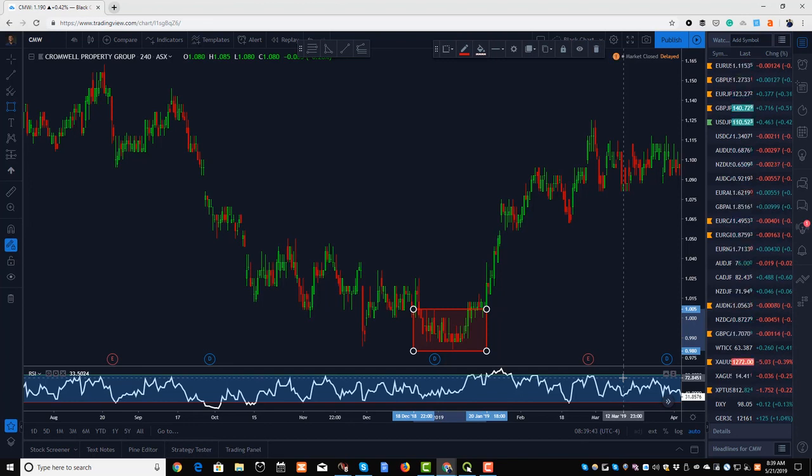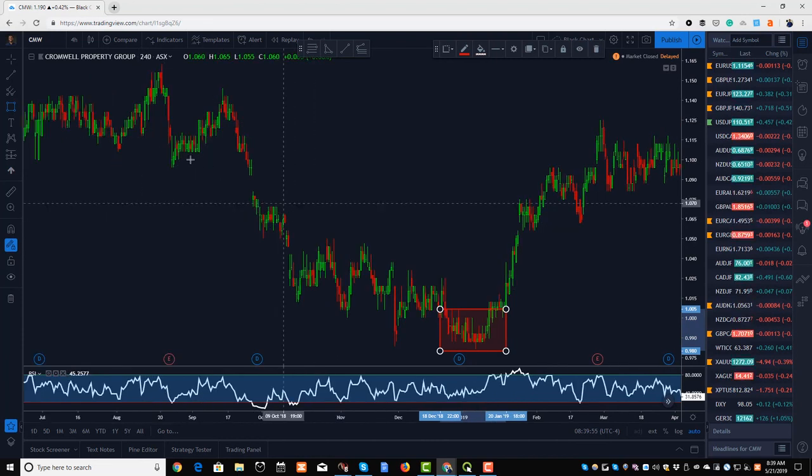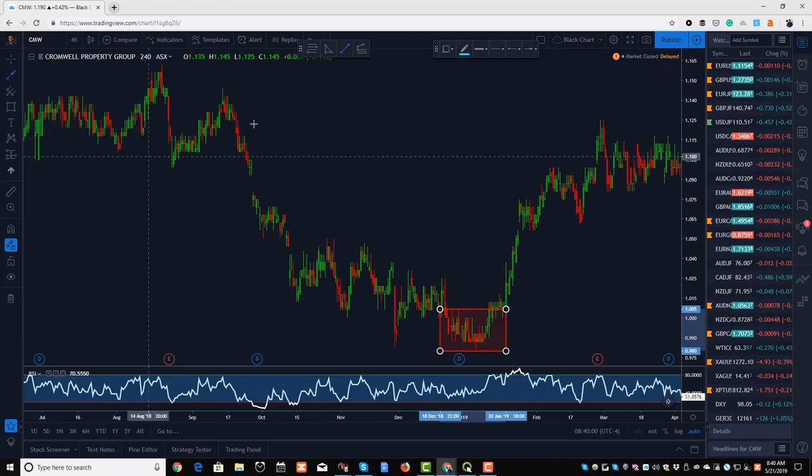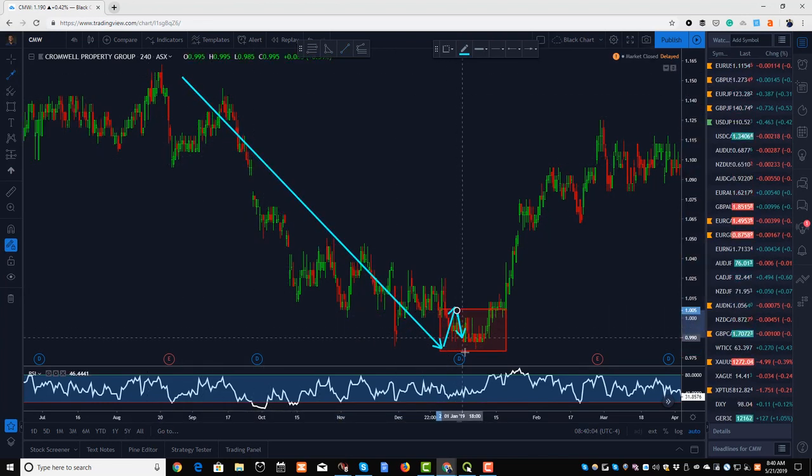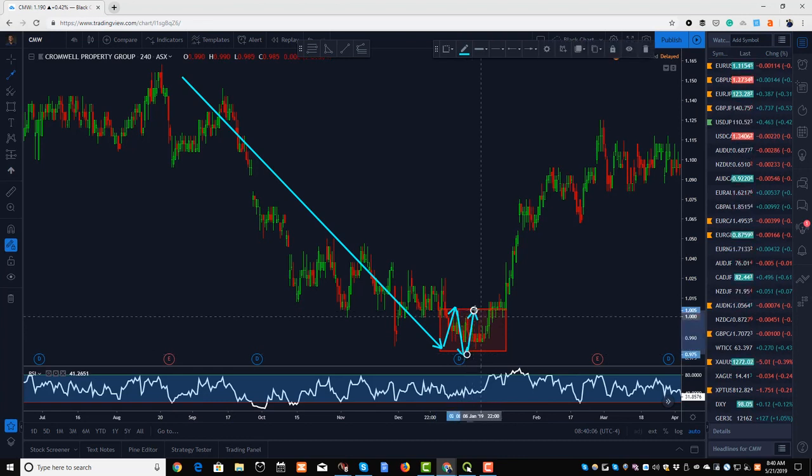Accumulation, markup, distribution, markdown. Now again, does it always happen in that order? No, it could be accumulation, markup, accumulation, another markup, right? But it all moves in that order before price reverses. We typically see those moves. We see price go down, and then there's an accumulation of orders. Again, smart money just can't buy all at once, can they?